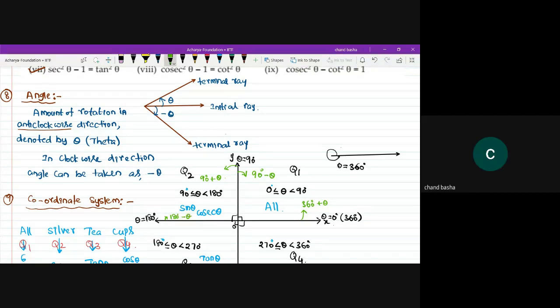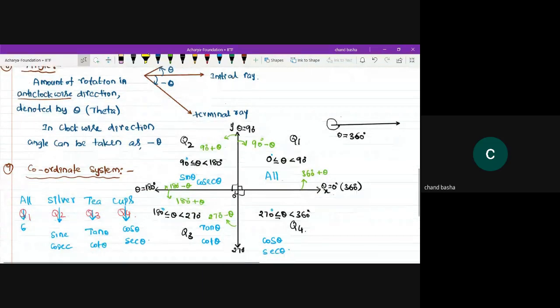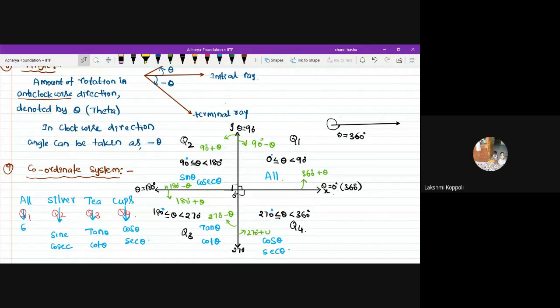For the first quadrant, can we take 0 plus theta? 0 plus theta means it is theta only. Then 180 plus theta, and if you are considering 270 degrees, 270 minus theta. Very good. Next, fourth quadrant: 270 plus theta, 360 minus theta. Very good.